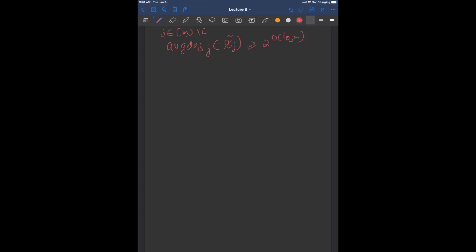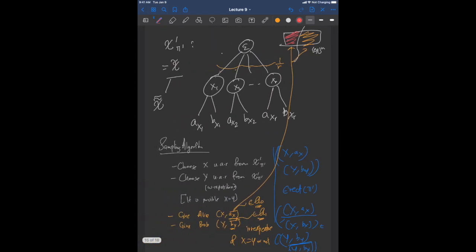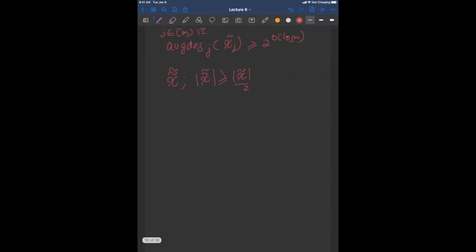But now I'm looking at x tilde tilde, which is at least x tilde by 2. Why did we go to this? So that we could always ensure promise 1 is true. We had this partitioning, and this ensured that these come from two different parts, and ax is not equal to by for any x and y, whether x and y are the same or not. So we had to go to this.